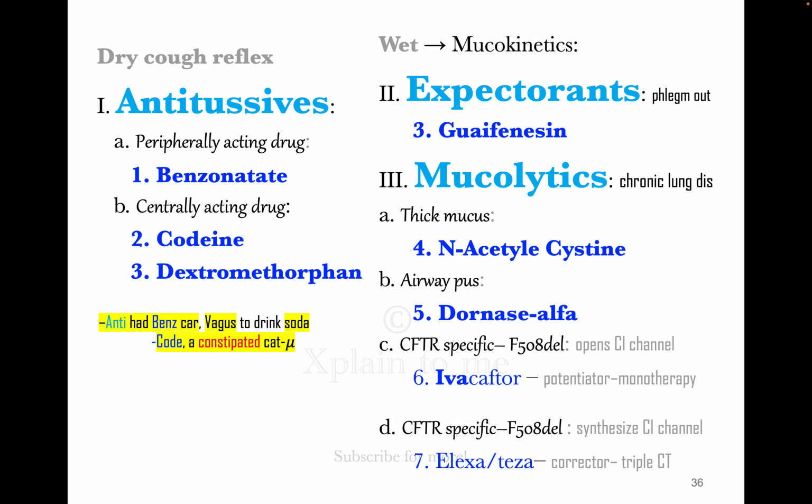Remember, dextromethorphan combined with guaifenesin is marketed as an over-the-counter medication, as a cough syrup. That is called Robitussin. So if some teenagers or adults use that drug to get that drunk feeling, that is called robotripping.